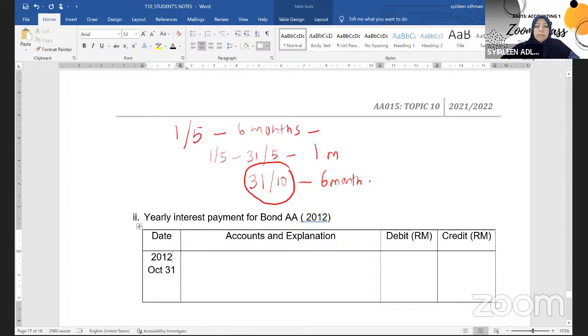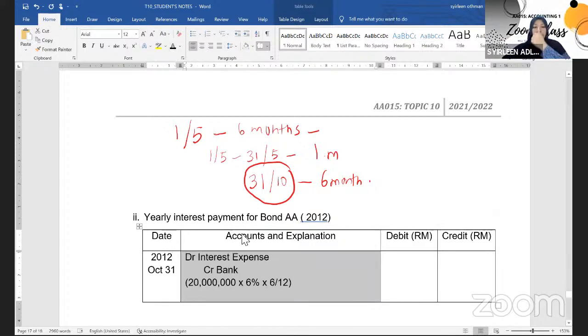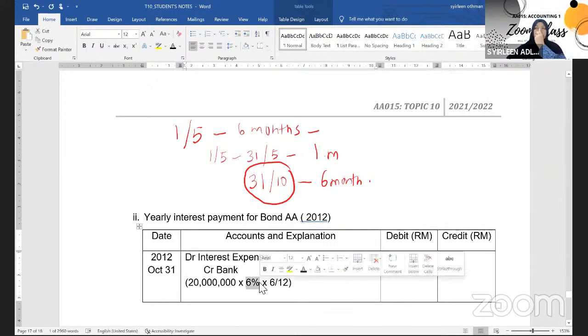Alright, so that means we are going to debit interest expense and we are going to credit bank. Okay, but please bear in mind yang 6% dia beri dalam soalan tadi itu ialah untuk setahun. You are not paying for one whole year. You are paying only for 6 months, the first 6 months.